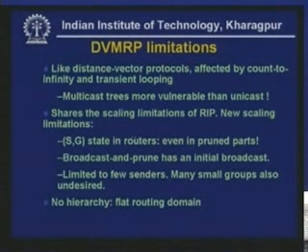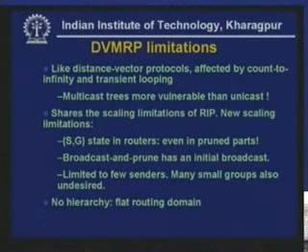But DVMRP has limitations: like distance vector protocols, it is affected by count to infinity and transient looping. You remember the count to infinity problem: some link has failed, but nobody could make out that the link has actually failed, so it was going round and round, and they all keep on counting the potential distance until it counts to infinity.